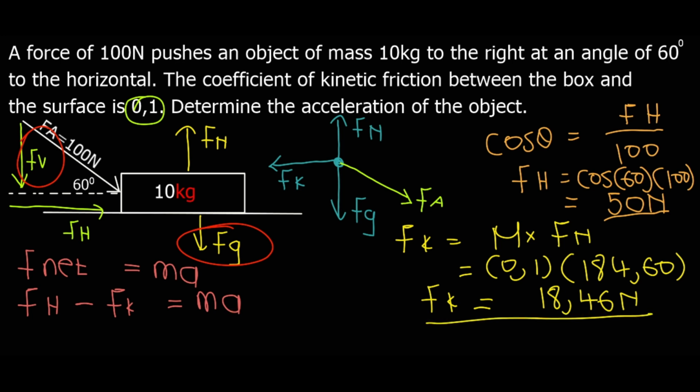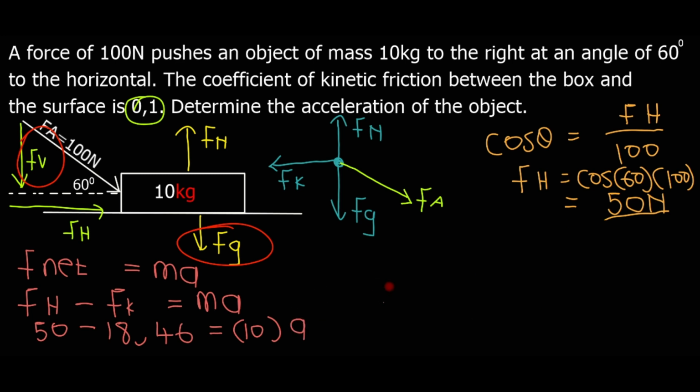Now we can calculate the acceleration. We have Fh, which we found to be 50 newtons, minus 18.46 equals ma, but the mass we have is 10 kilograms times acceleration. 50 minus 18.46 gives us 31.54, which equals 10a.